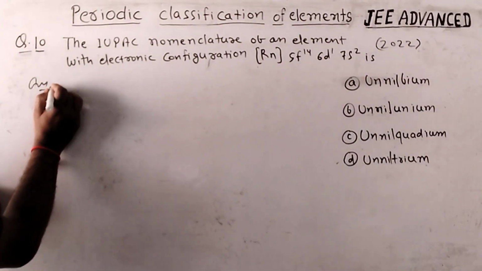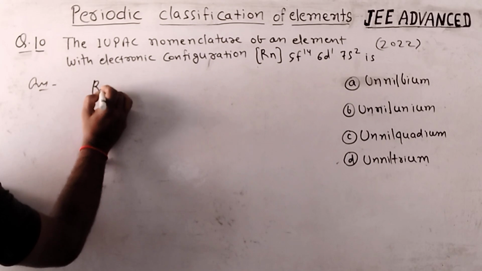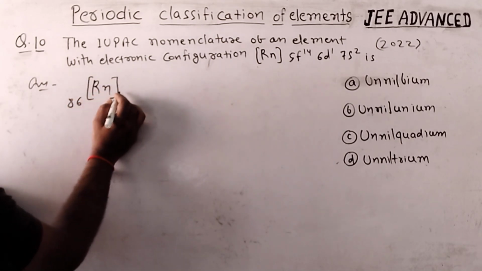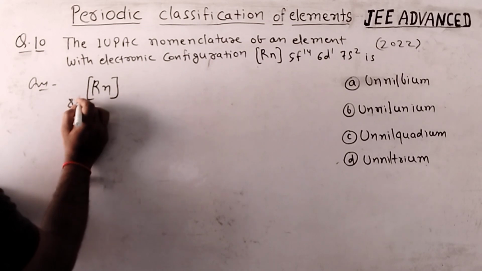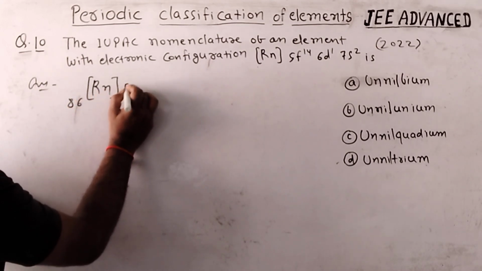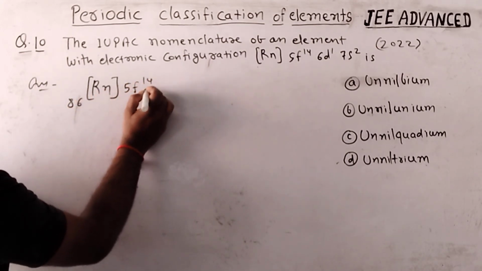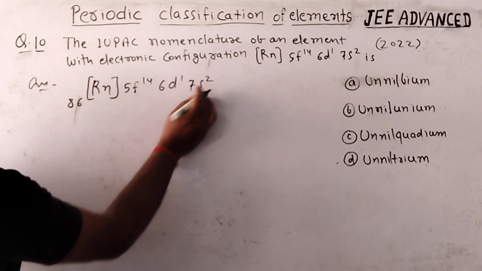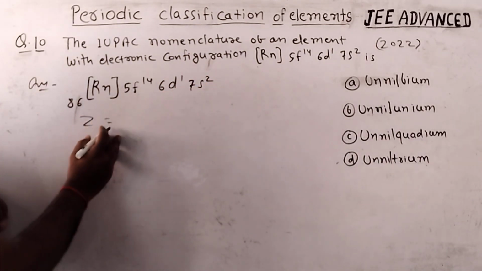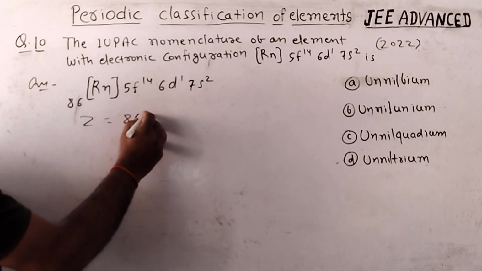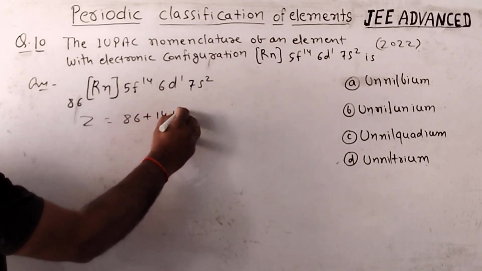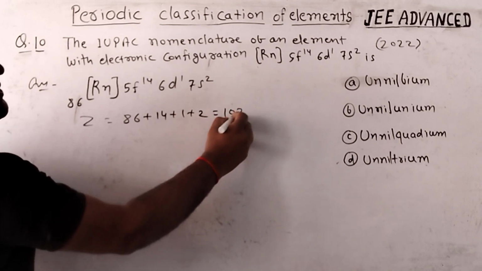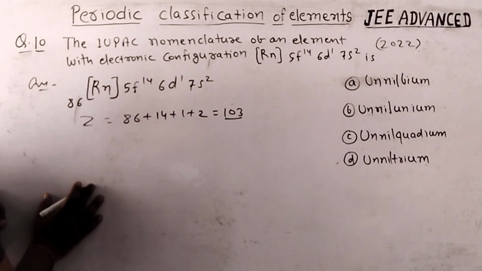The electronic configuration has radon, atomic number 86, and 5f14, 6d1, 7s2. Now Z is 86 plus 14 plus 1 plus 2, equal to 103. This is the atomic number of the element.